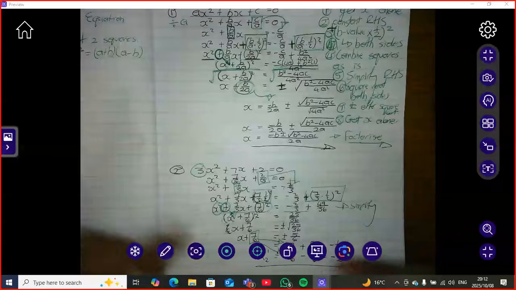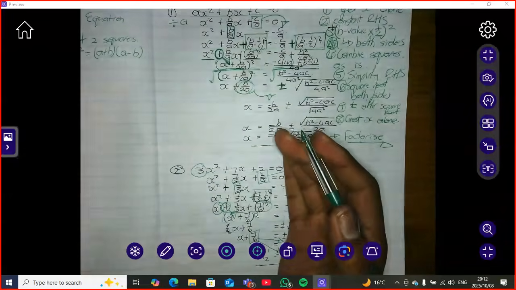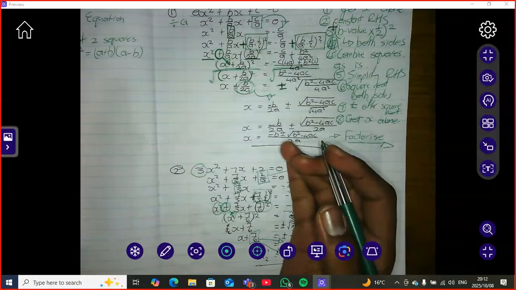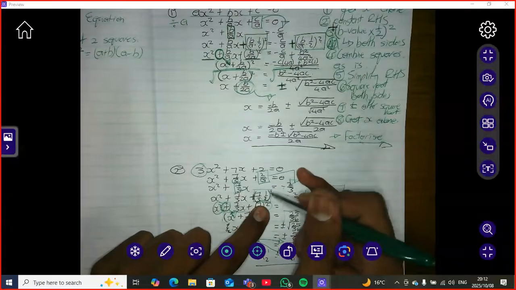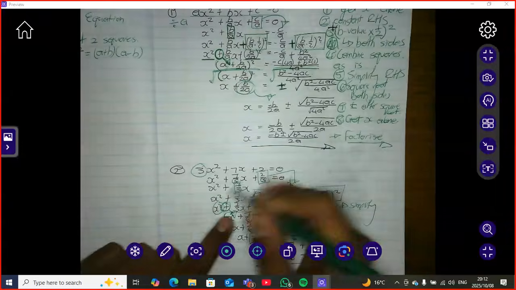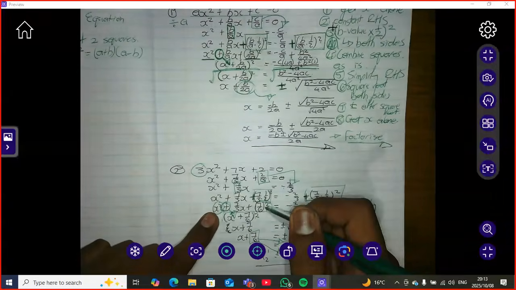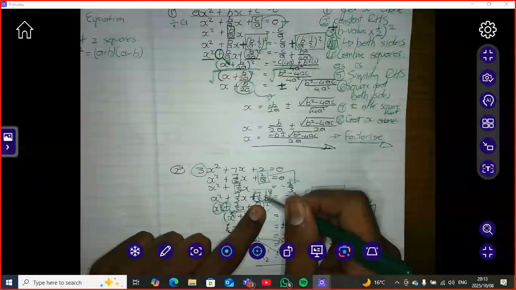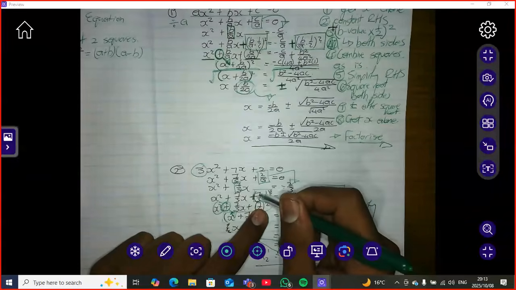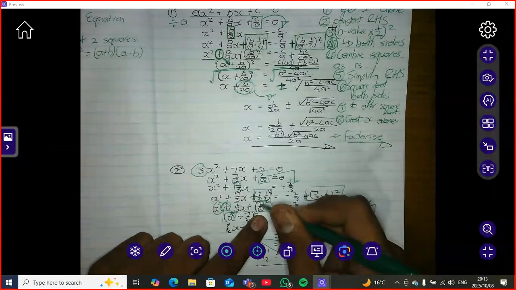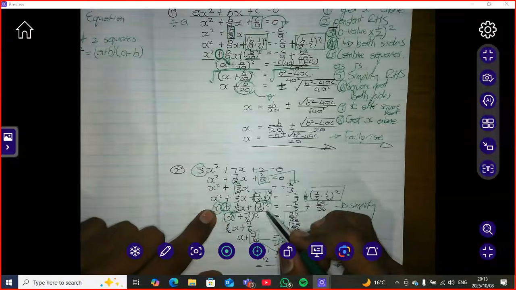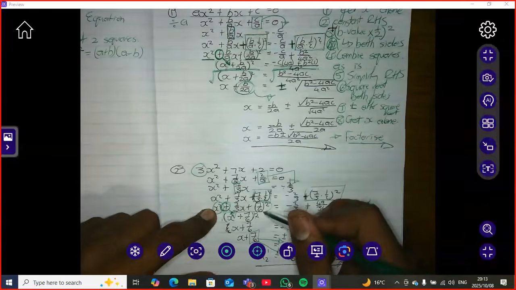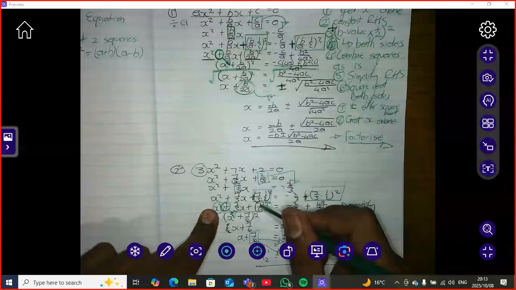So on the left hand side now, what I do here is after I put in my bracket squared, my b value times a half in bracket squared, I multiply this. This 7 over 3 times a half will give me 7 over 6. Then I take the numbers that are being squared as is.